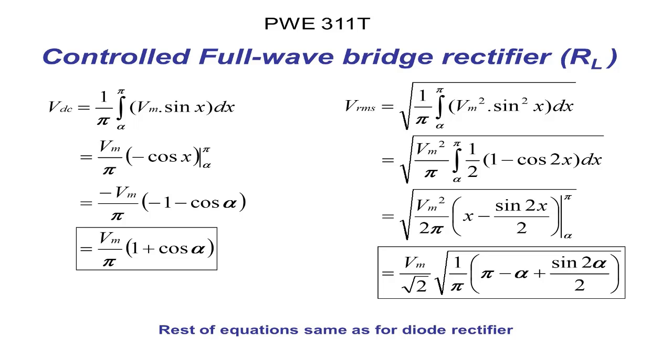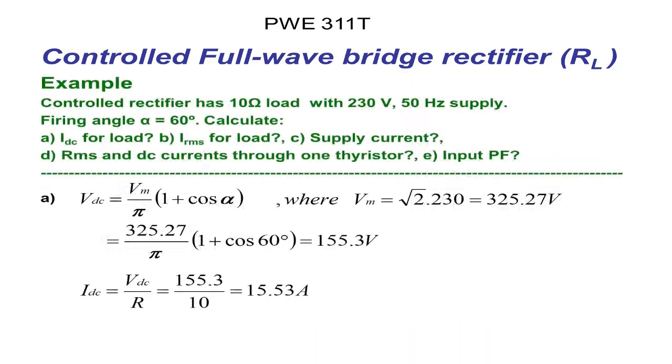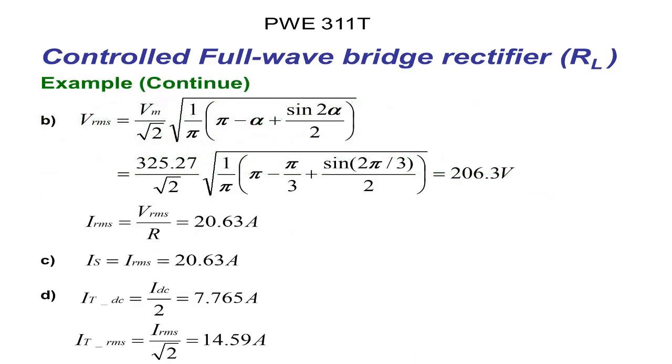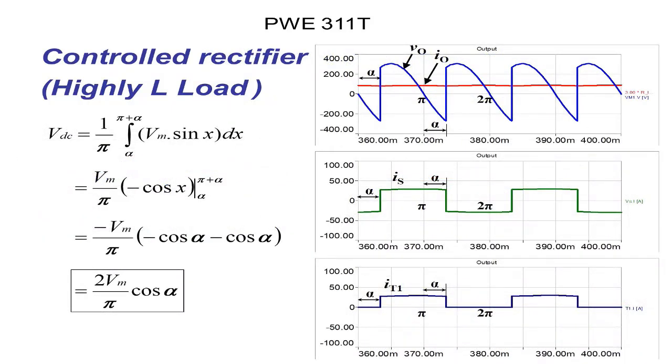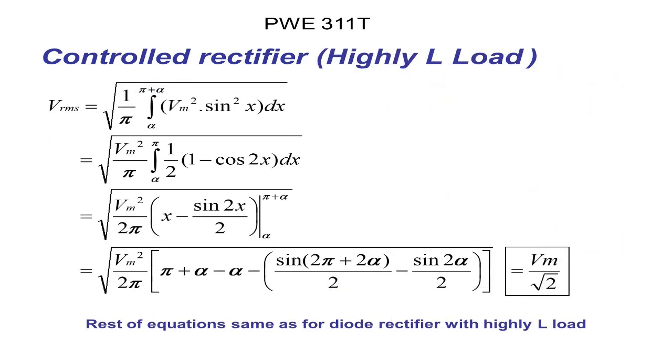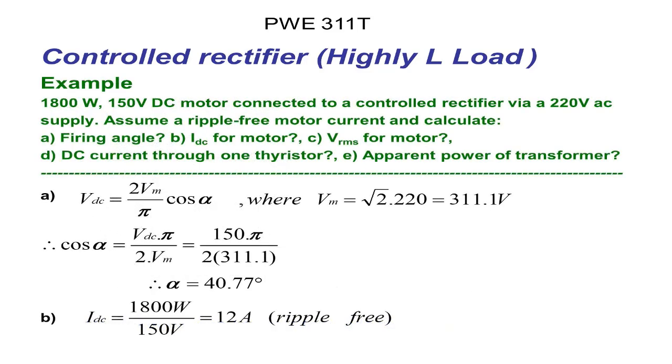This is for normal resistive load. But for highly inductive load, you are going to have 2 Vm over pi cos alpha as VDC. And also you are going to have that Vrms is V peak over root 2, which is just the same thing as the source voltage.